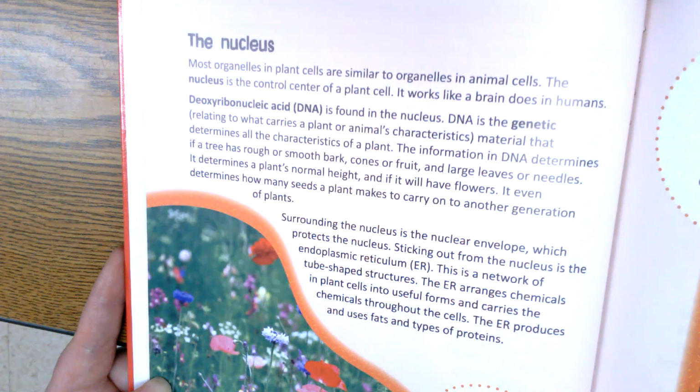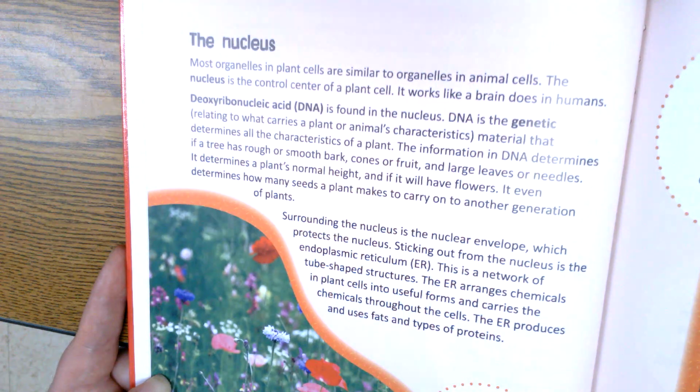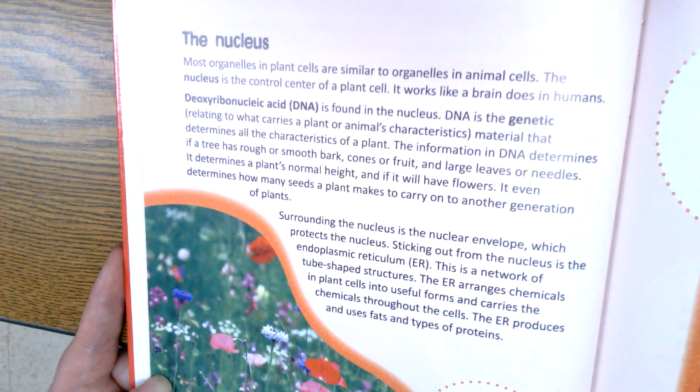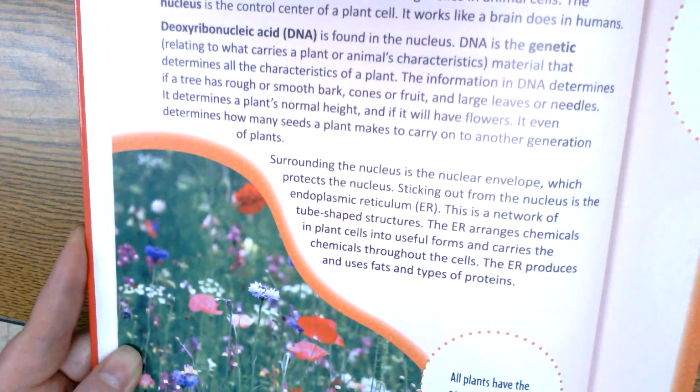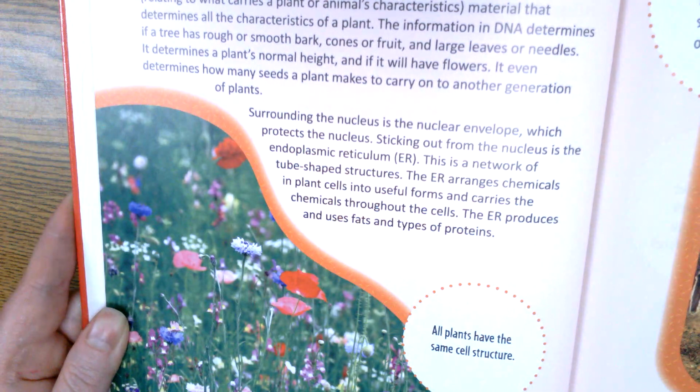The information in DNA determines if a tree has rough or smooth bark, cones or fruit, and large leaves or needles. It determines a plant's normal height and if it will have flowers. It even determines how many seeds a plant makes to carry on to another generation of plants.